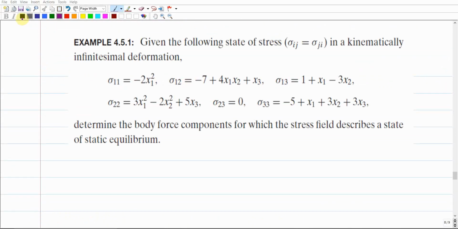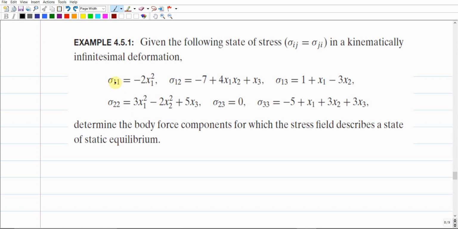Let us consider this example of the following given state of stress, sigma ij equals sigma ji. It means that we have a symmetrical stress tensor in a kinematically infinitesimal deformation, with sigma 11, sigma 12, sigma 13. We said that some textbooks use 1, 2, and 3 to refer to x, y, and z.